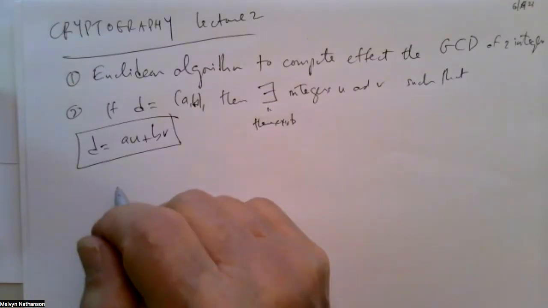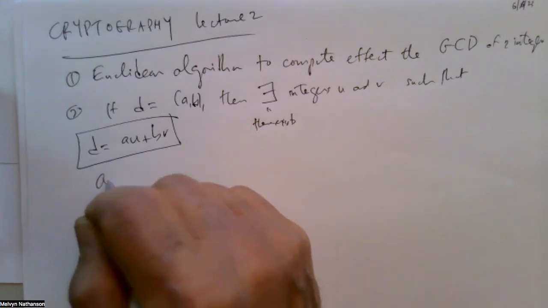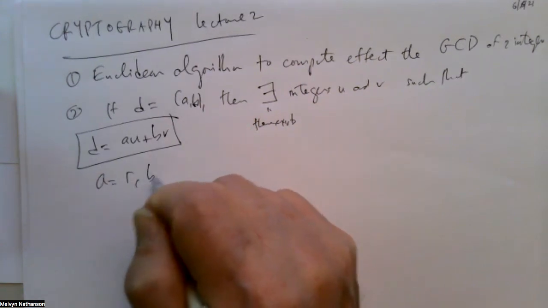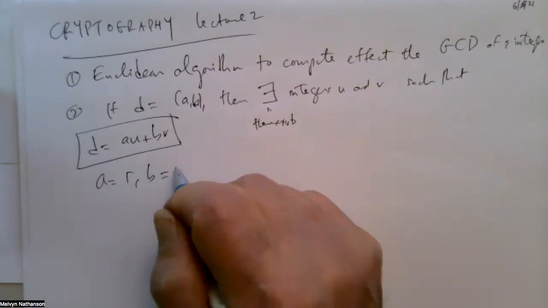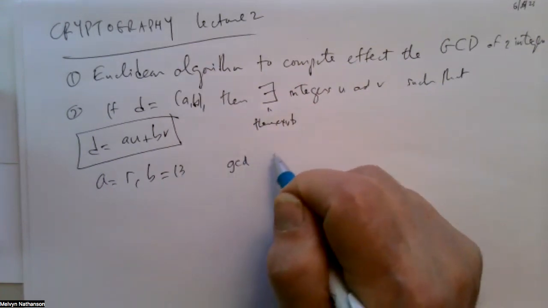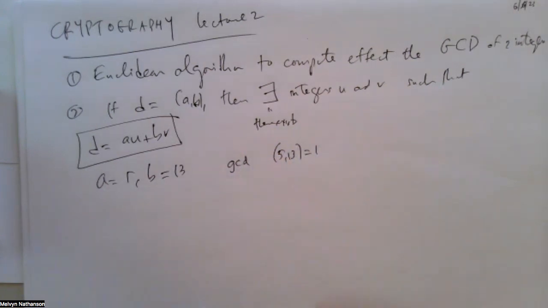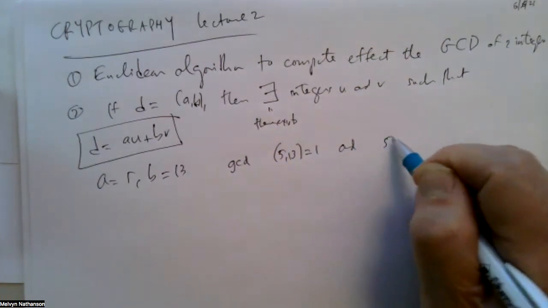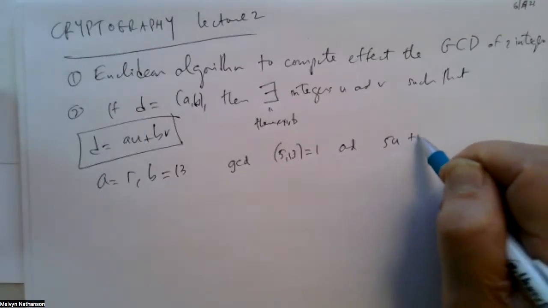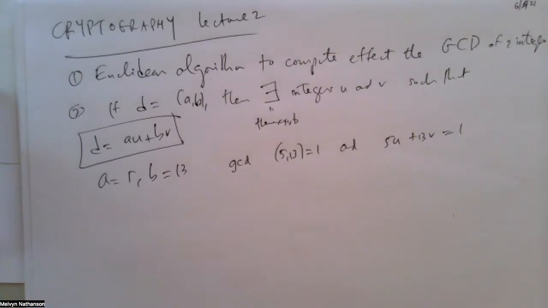So for example, if we take, let's say, A equal 5 and B equal to 13, then the GCD of 5 and 13 is equal to 1. And we can solve the equation 5u plus 13v equals 1.